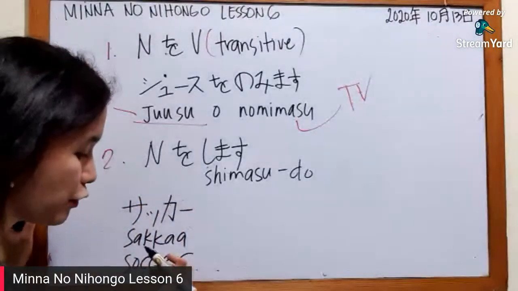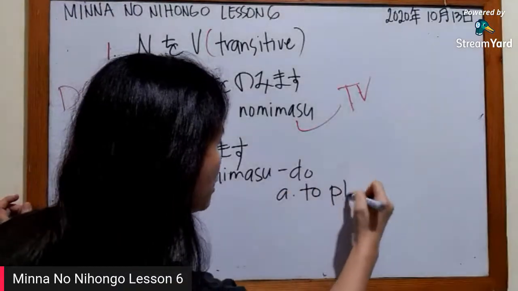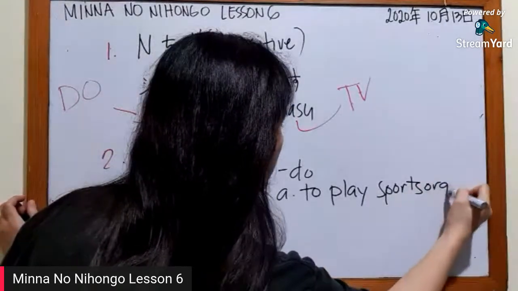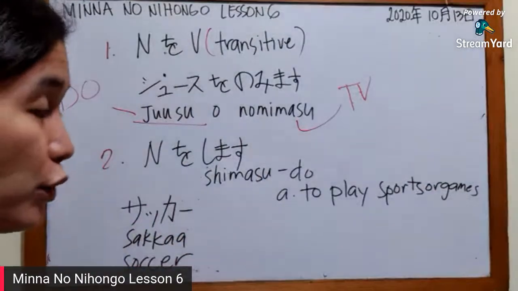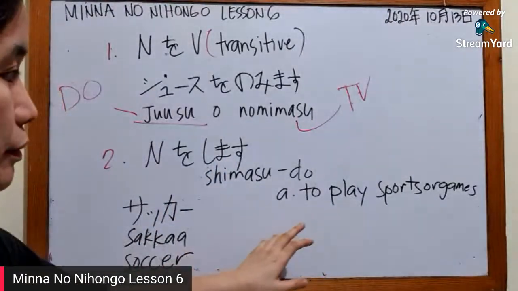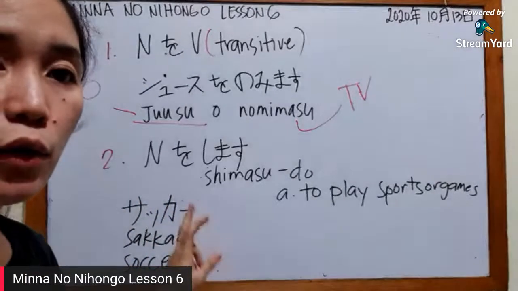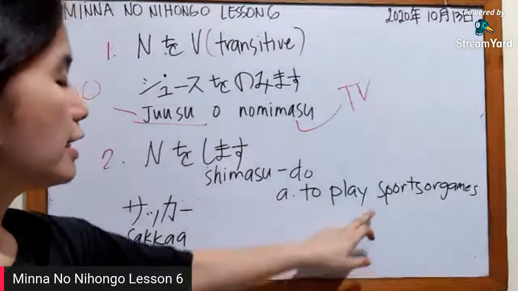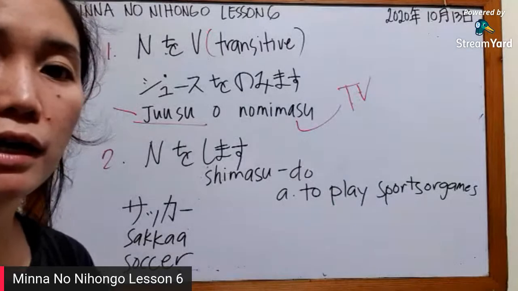So, for our shimasu form, it means to play sports or games. So I will be putting here the different uses of shimasu. So first, you can use it, for example, with soccer or sakkaa or tennis. Tennis o shimasu, sakkaa o shimasu. The meaning is to play soccer, to play tennis. Okay?